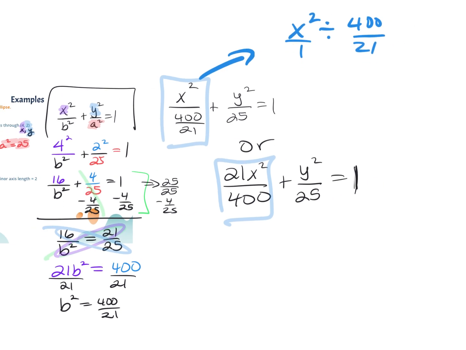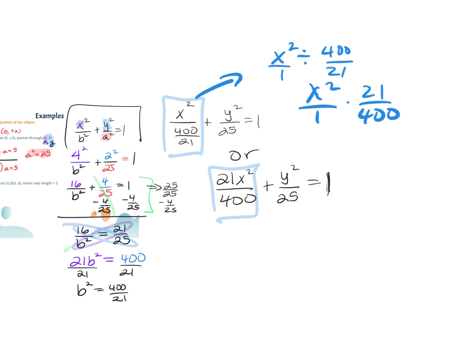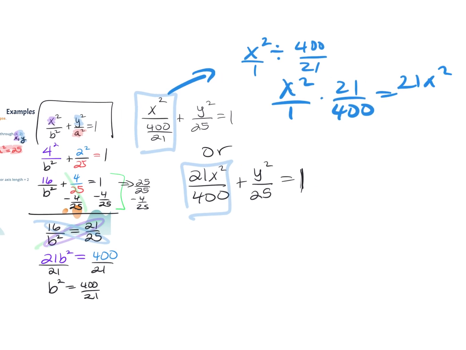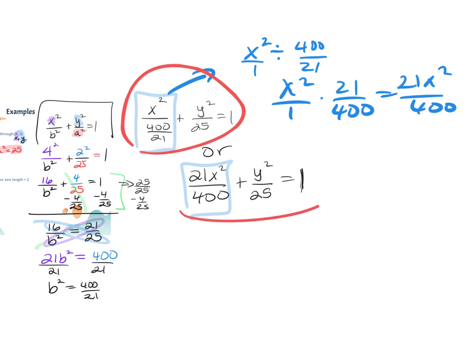If I do keep, change, flip, I keep x squared, change it to multiplication, and flip that fraction upside down, and this is how it turns into 21x squared over 400. So be able to recognize both answers, because on an SAT, they may present it this way, or this way.